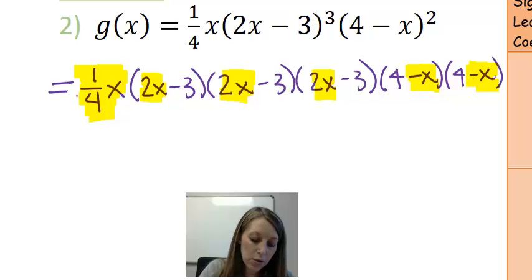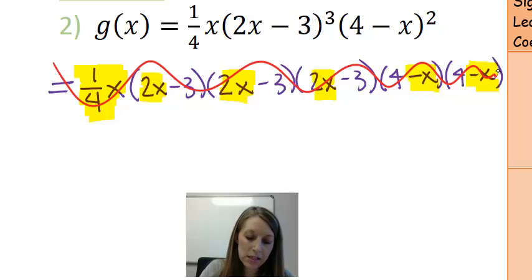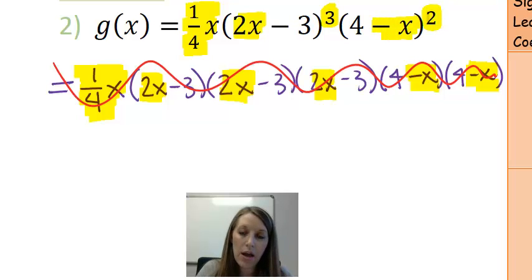If you didn't want to write it out expanded like this, that's fine. I'd still do the leading term of this up here: 1/4 x times 2x to the third times a negative x squared. If I multiply all of those out, that will give me my leading term and hence my end behavior.